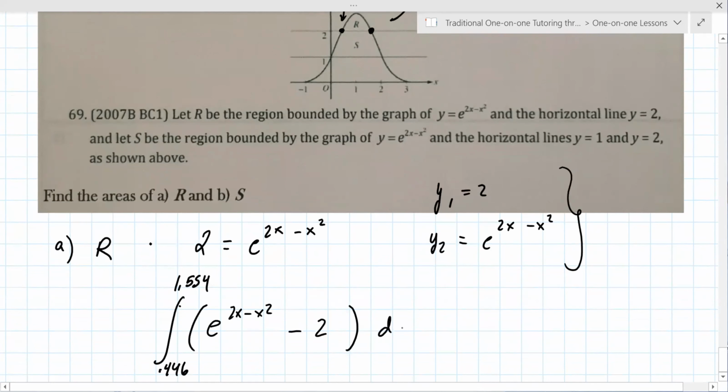And this is a calculator. There's no way to do it without doing the calculator. Let me get you a number for that. Plug it into the calculator.